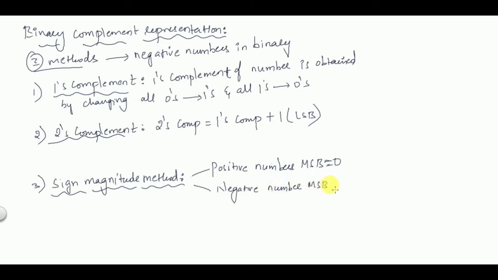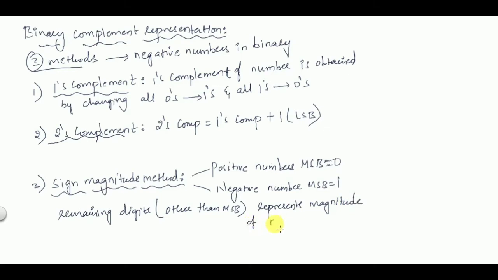The remaining digits, meaning other than the MSB, represent the magnitude of the number. So if you want to convert a positive number into a negative number, you just have to make the MSB bit 1.